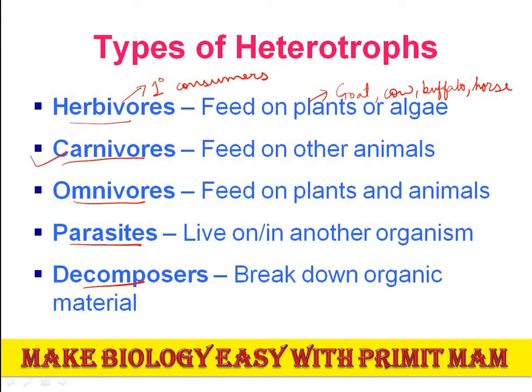Carnivores are the animals which feed on herbivores. Examples are lion, tiger. They are also called secondary consumers.